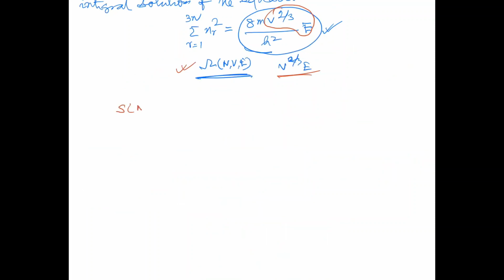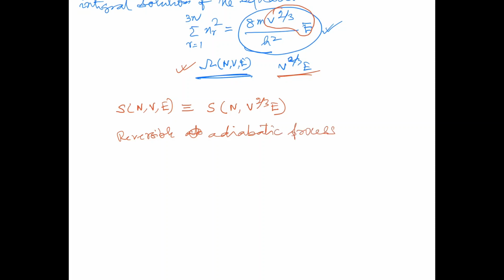So S, which is a function of N, V and E, can in our case be modified to S as a function of N and V to the power 2/3 into E. Now in a reversible adiabatic process, S, that is entropy, and N must be constant.